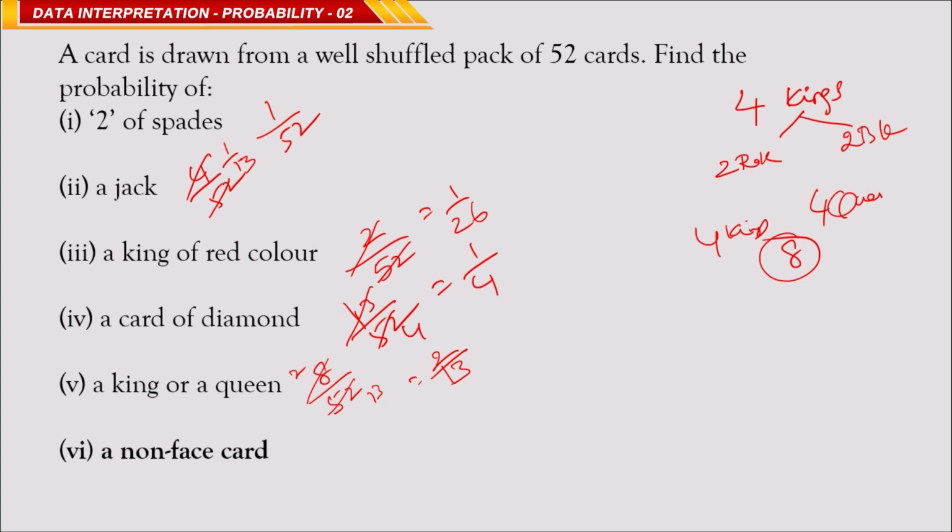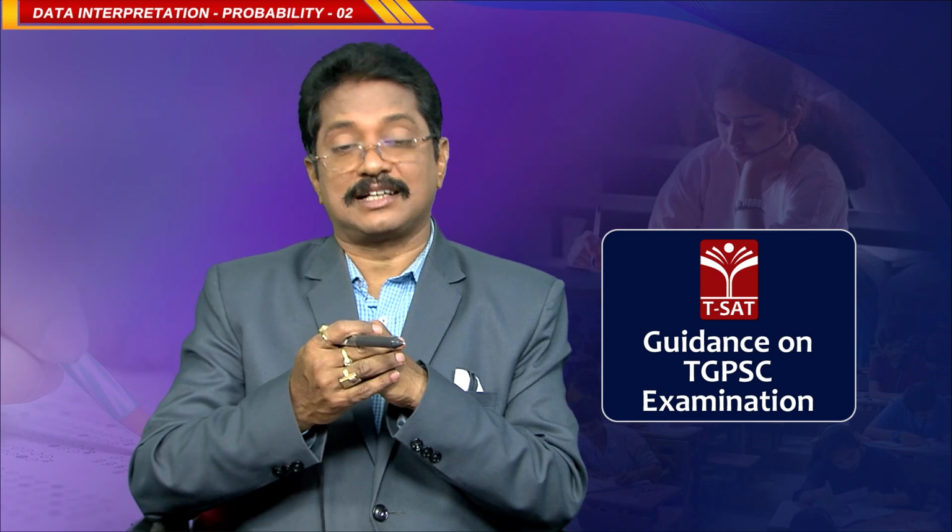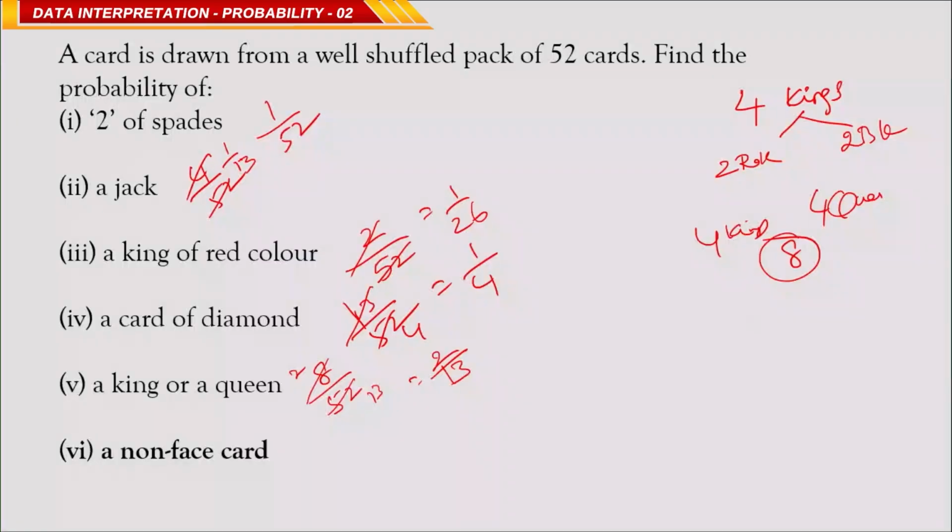Next, a non-face card. How many face cards are there? There are 12 face cards. Already I said, jack, queen, king, these are the 3 face cards in each group. In spade we have 3 face cards, in diamond 3, in club 3, and in heart 3.